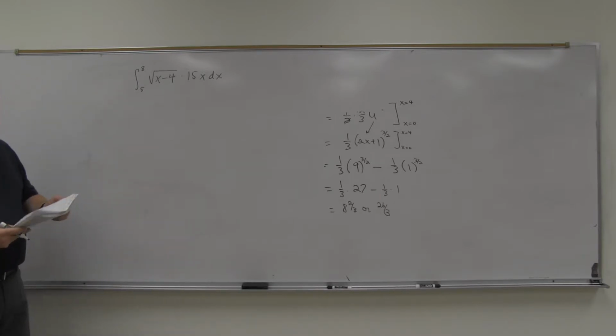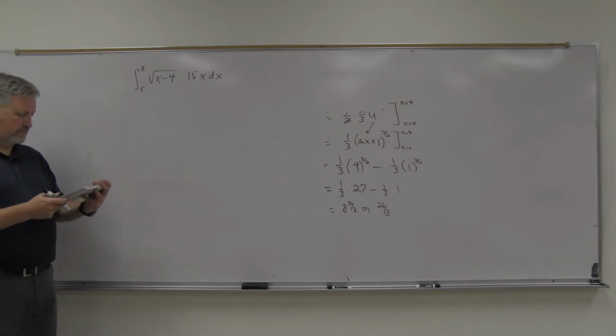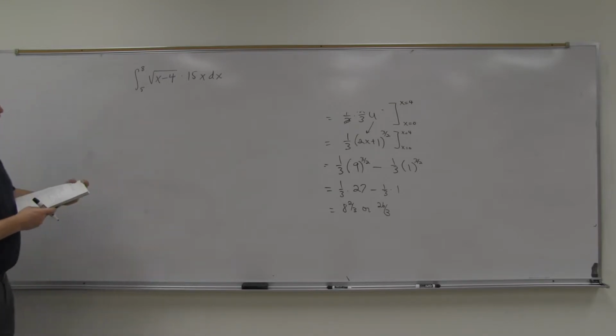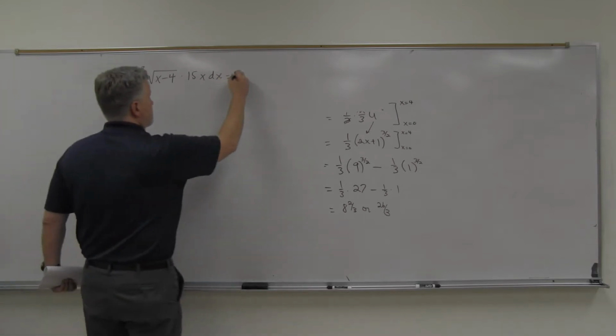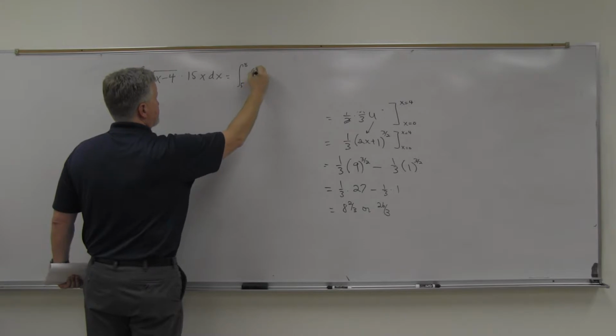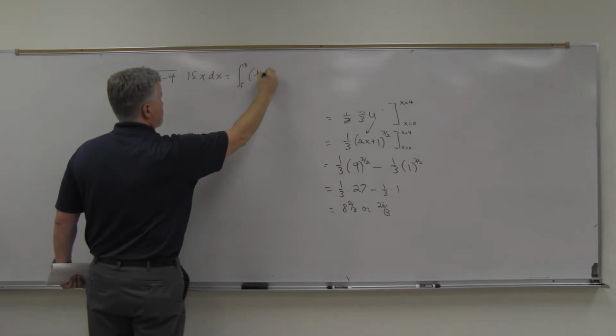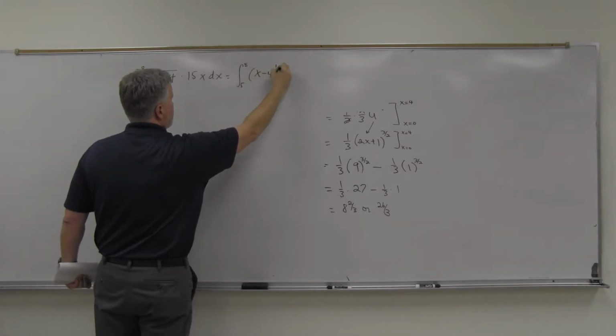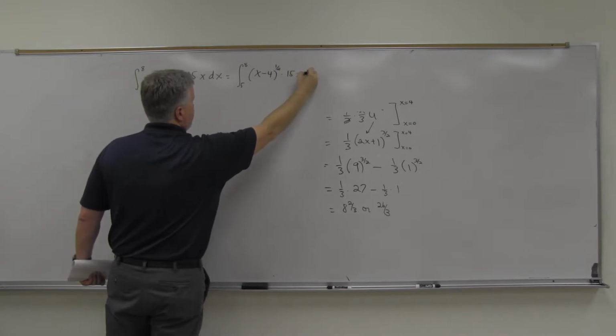Well, again, let's rewrite that. Square root of x minus 4 is x minus 4 to the 1/2, times 15x dx.